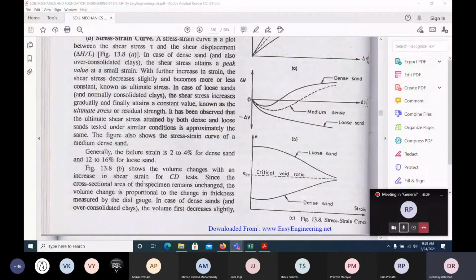Since the cross-section area of the specimen remains unchanged, the volume change is proportional to the change in thickness measured by the dial gauges. Then it is found that this particular soil will have reduced volume.